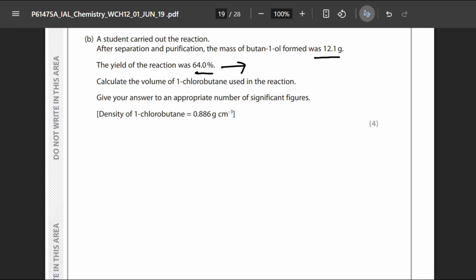So first we need to find out the number of moles of butan-1-ol which are formed. How can we find that? We have the mass of butan-1-ol. We have the yield of the reaction.